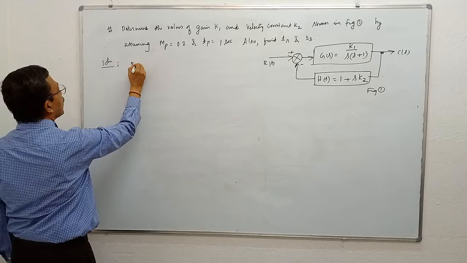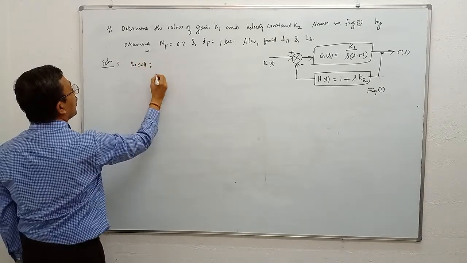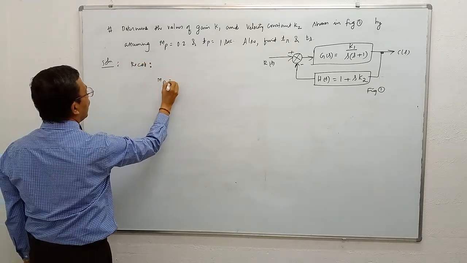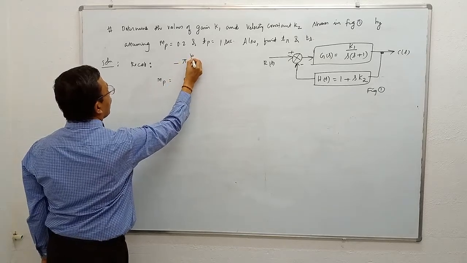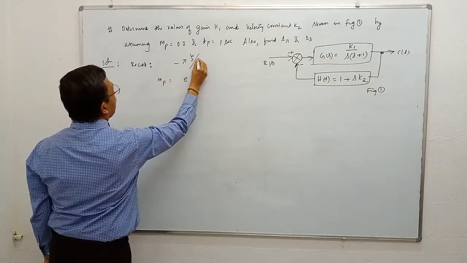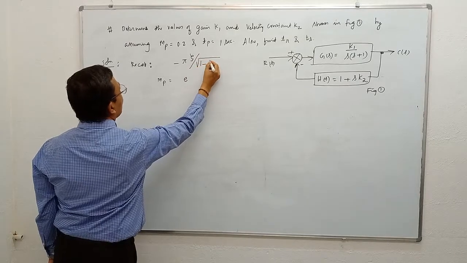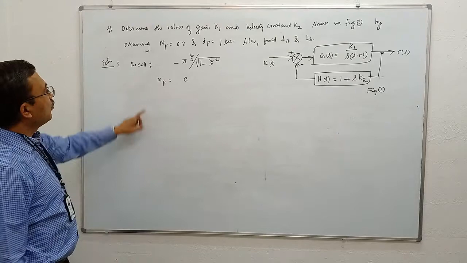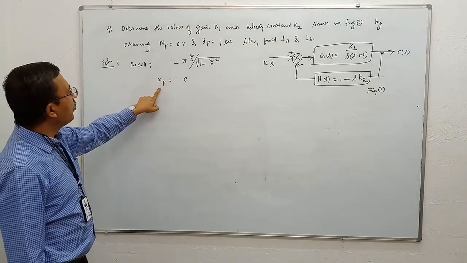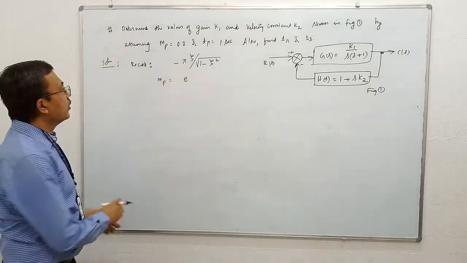Recall, what is the formula for MP? MP is equal to e to the power minus pi into zeta divided by square root of 1 minus zeta square. This formula is useful for finding MP when zeta is given.